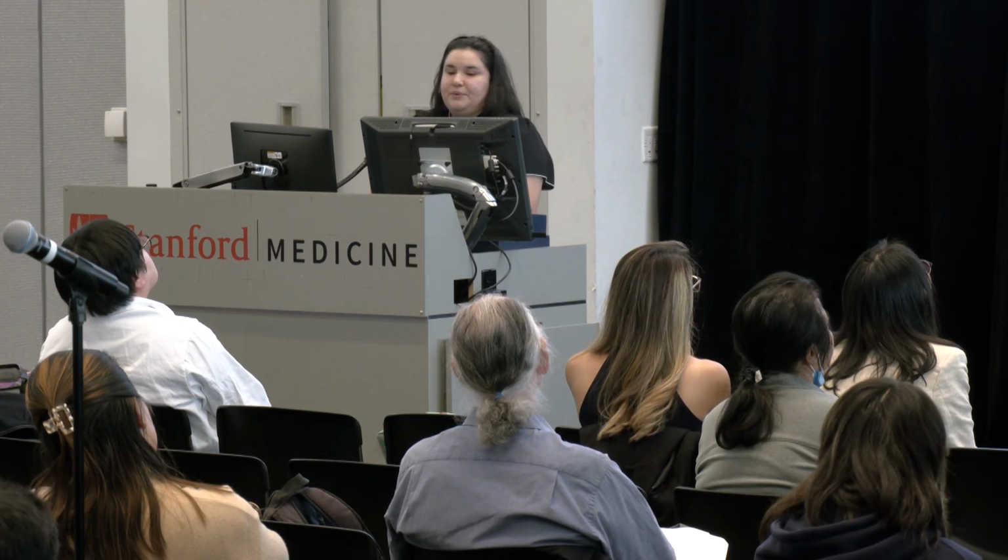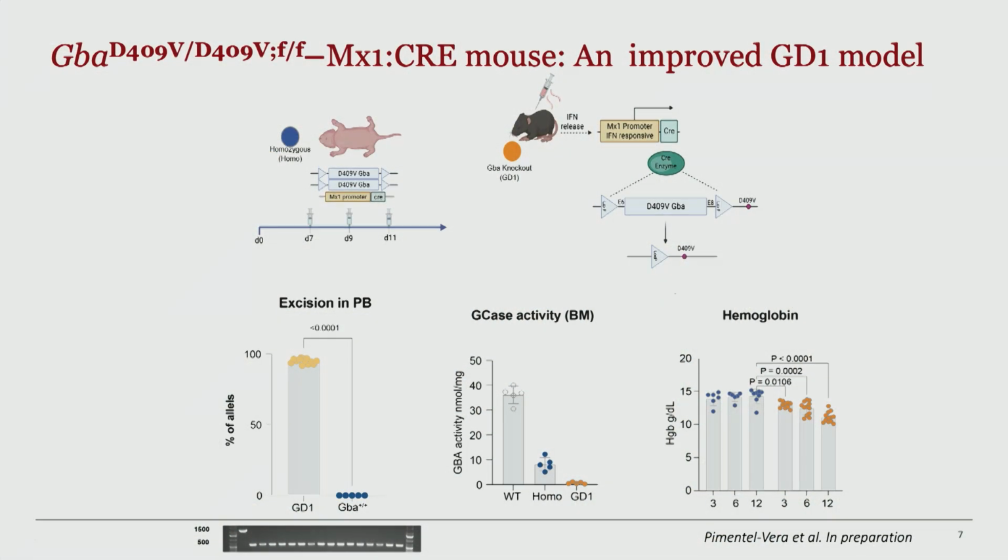So for that, we decided to establish a GD1 mouse model by crossing different backgrounds of mice, one with a GBA point mutation that is very common in humans, and another background with loxP sites flanking a very important portion of the gene, with a Mx1-Cre recombinase background mouse.